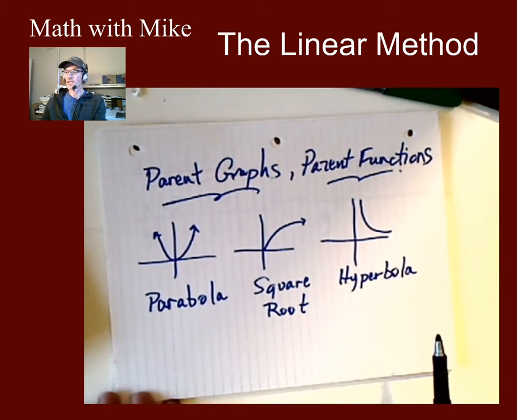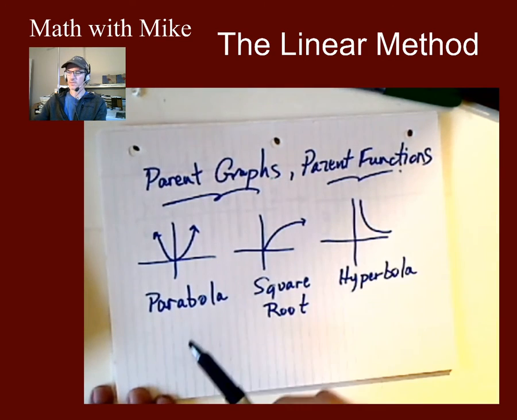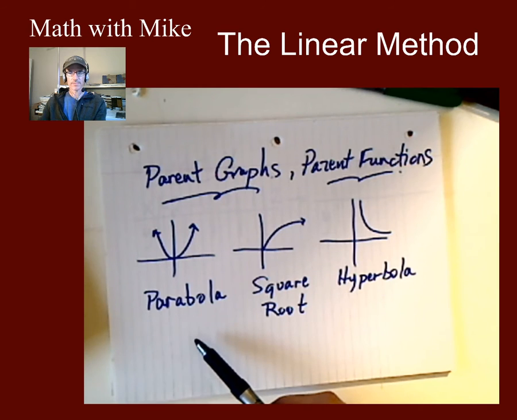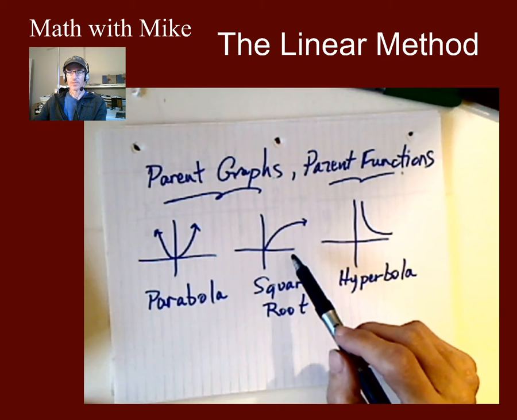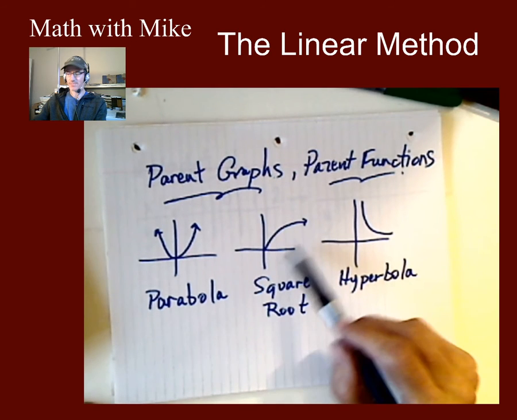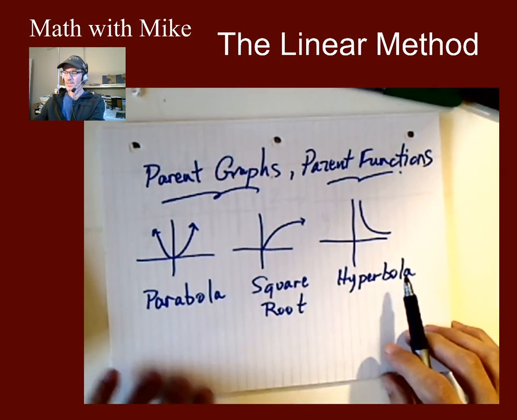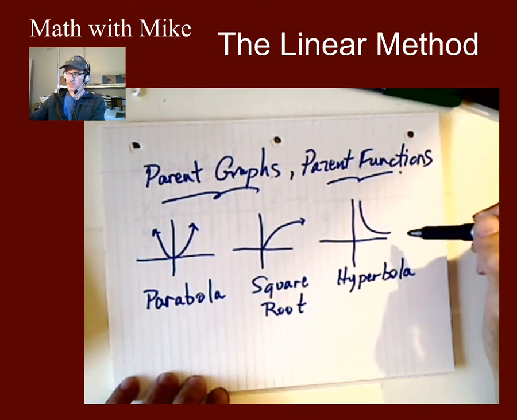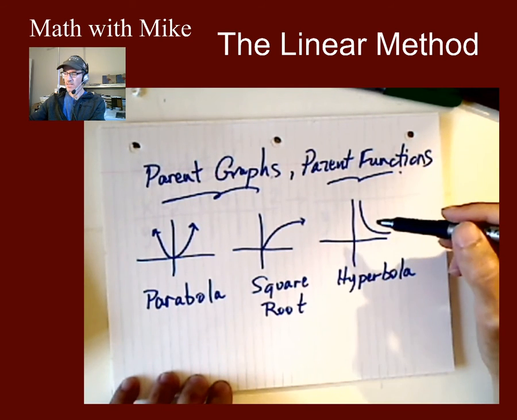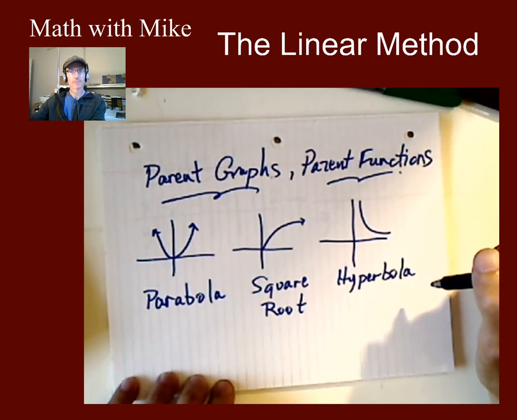So, just a reminder that a shape, when it's like a U, the graph is a parabola. When the shape is, someone described this as an eyebrow once, okay, shape's like an eyebrow, square root function. And when the shape is like this, ski heel maybe, half pipe, it's called a hyperbola.